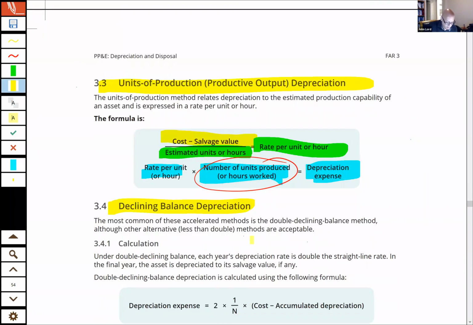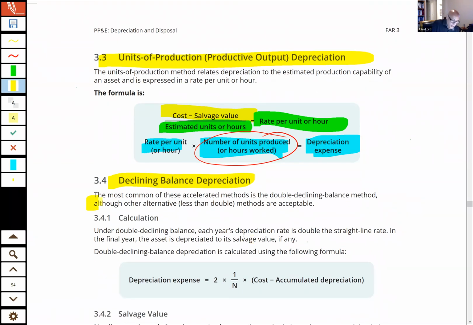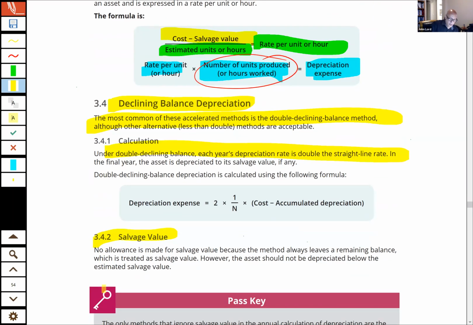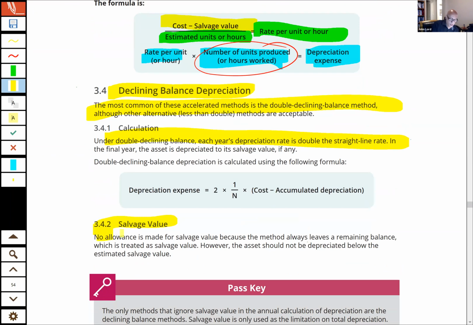Now we talk about declining balance depreciation. The most common is double declining balance, but we don't have to use double. We could use 1.5 declining balance, triple declining balance, whatever. But commonly we ask for double. When we do double, it's going to be double the straight line. Now, very important: when you calculate depreciation under double declining balance, you don't use salvage value in the calculation.